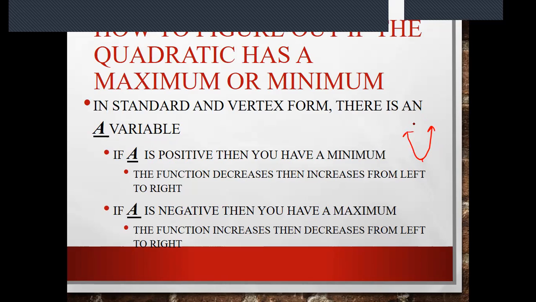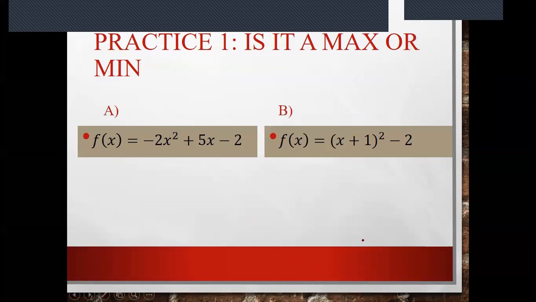That's going to give you your minimum. So again, if we have a positive a, we have a minimum. All right, if a is negative, then you have a maximum, which means your function is increasing, then decreasing. So we would have a maximum if we have a negative a. Easy enough?